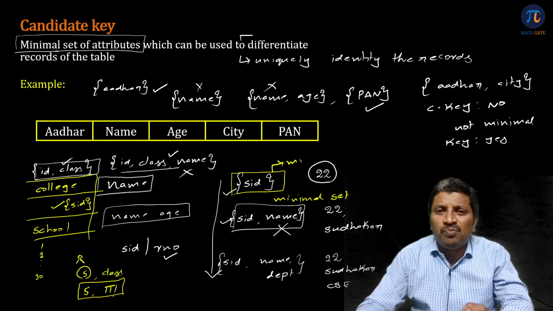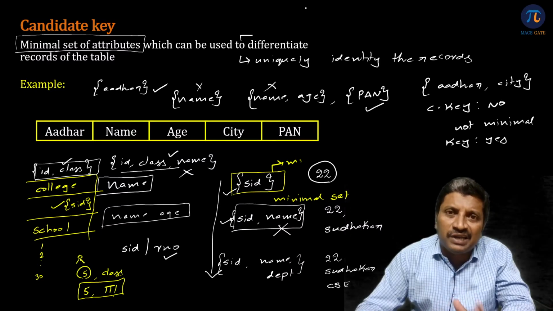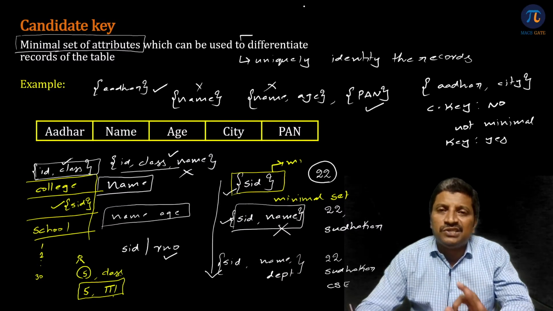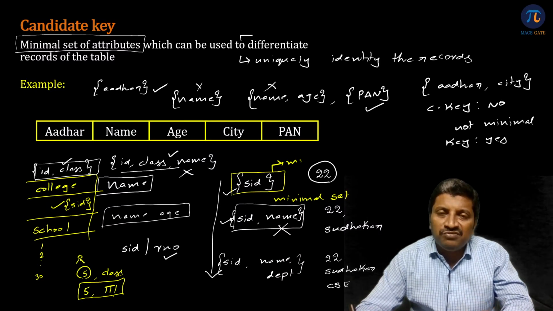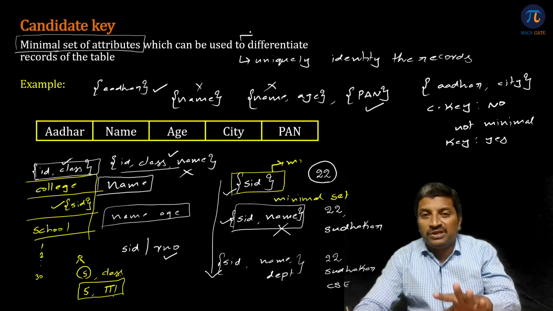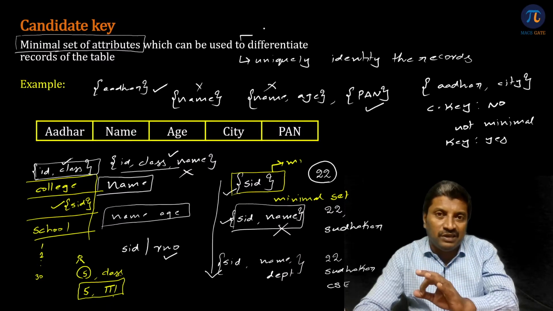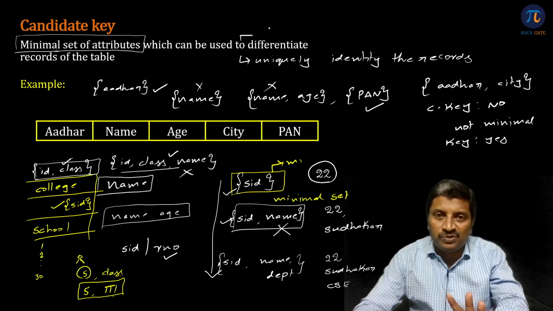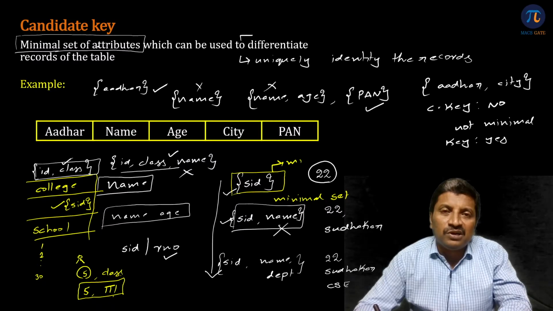So hope you understood the definition of key and candidate key. Sir, key is a general term with which we can identify the records uniquely. Among so many possible keys, candidate key is one key with a minimal set of attributes. Hope you are clear about candidate key.